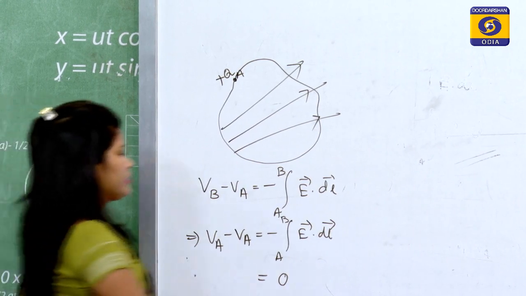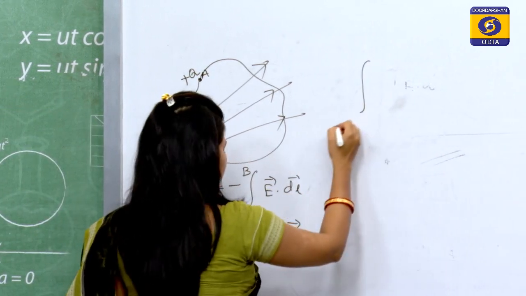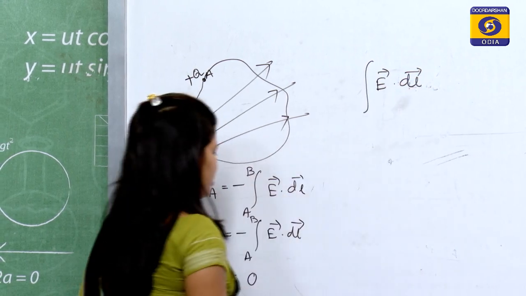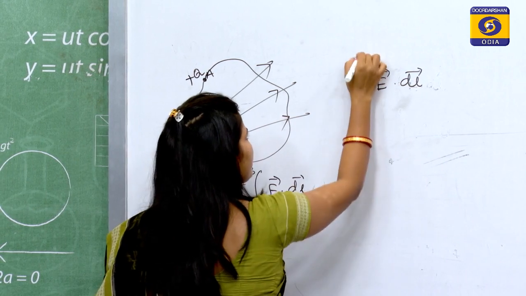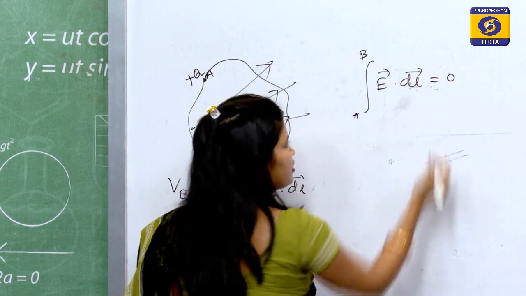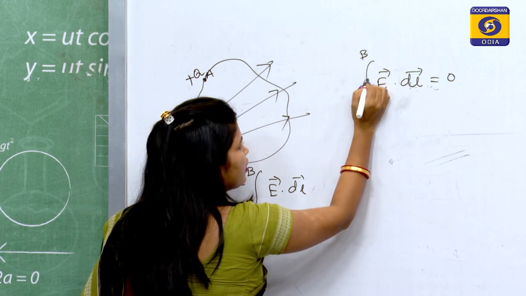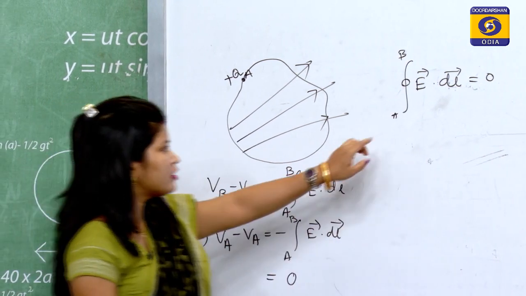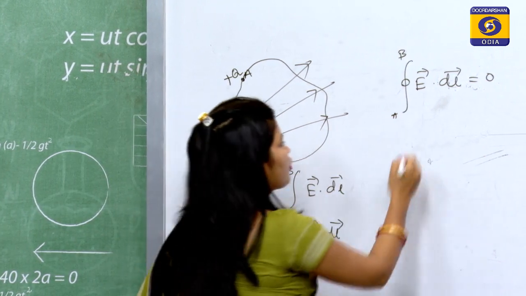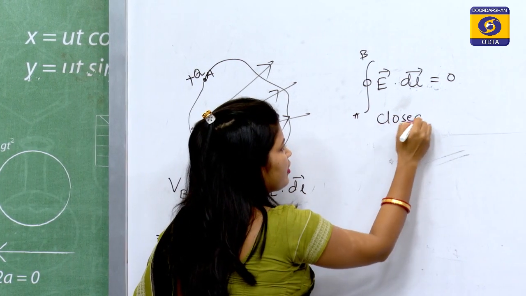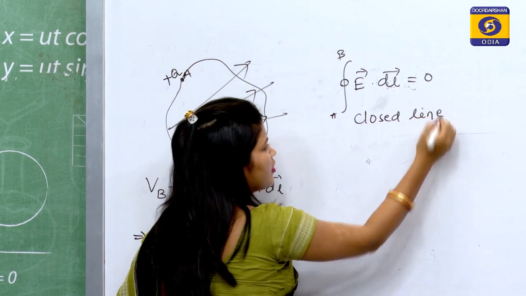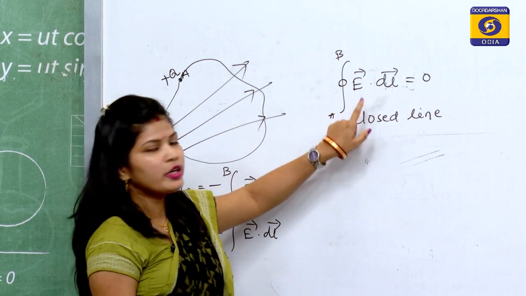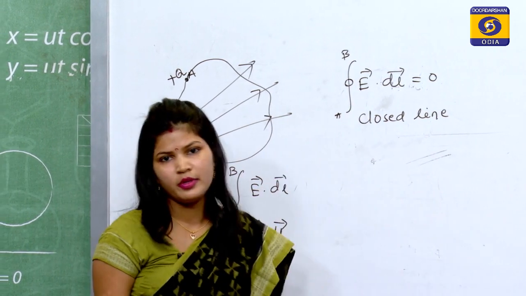So, I can write here that the integral of E dot dl from A to B is equal to 0. I can put a circle here that represents a closed line, not a closed surface, but a closed line. This is the case when you are dealing with static conservative fields.